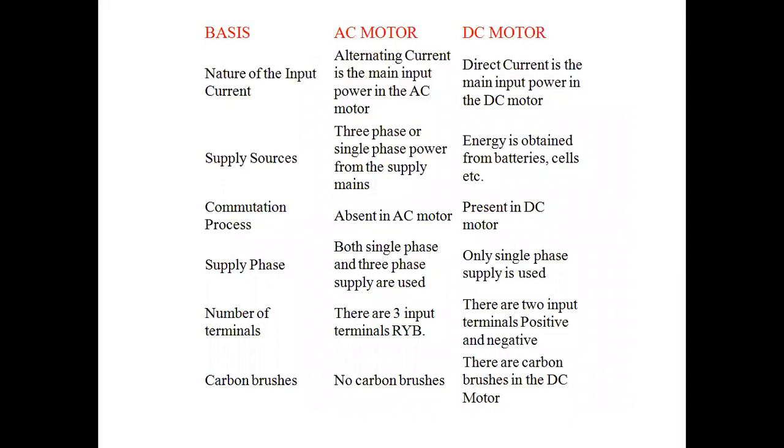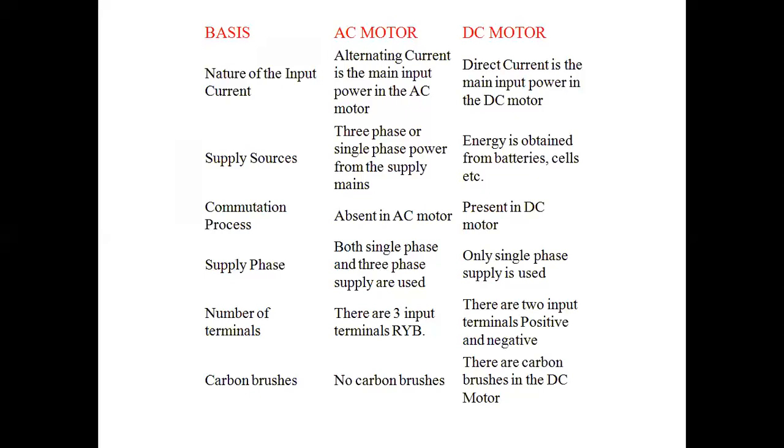Next, the difference between AC motor and DC motor. Based on some points, first the nature of the input current. In AC motor, alternating current is the main input power, and in DC motor, direct current is the main input power.